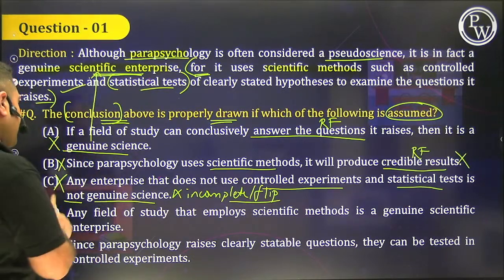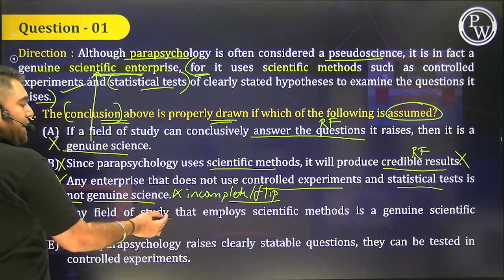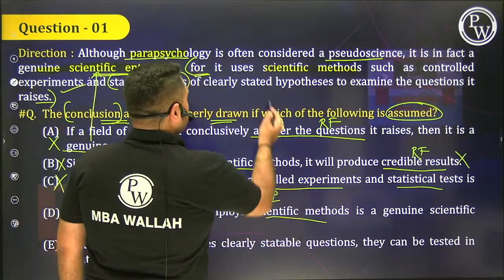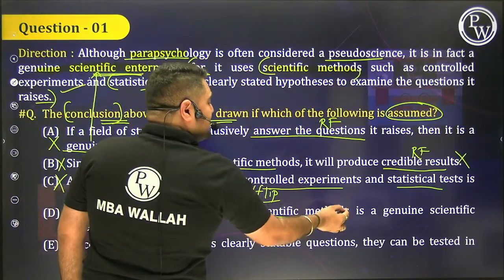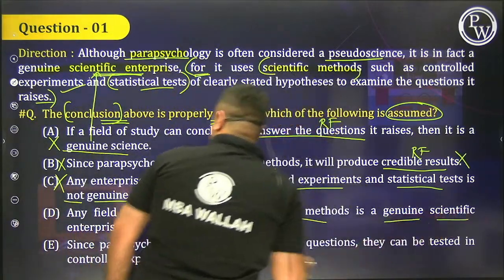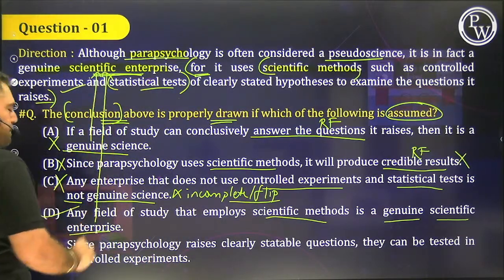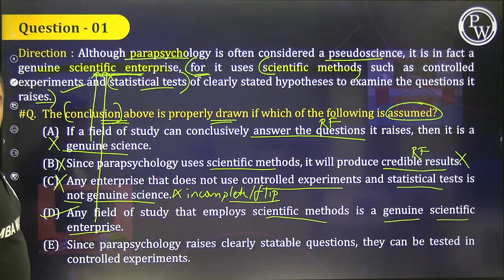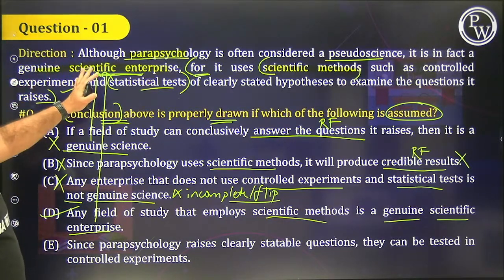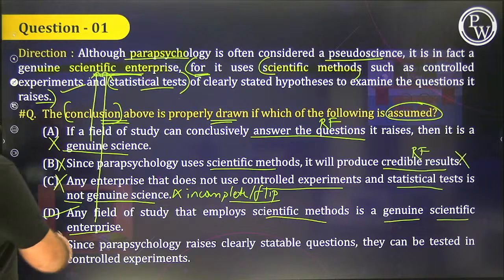Reject. D, any field of study that employs scientific methods is a genuine scientific enterprise. People, here we go. This is looking brilliant because that's the condition. And basis this condition, can we arrive at this conclusion? Hell yeah. Now is it clear? Is it starting to make sense? So D is perfect.